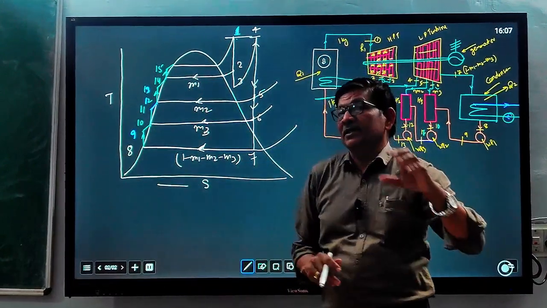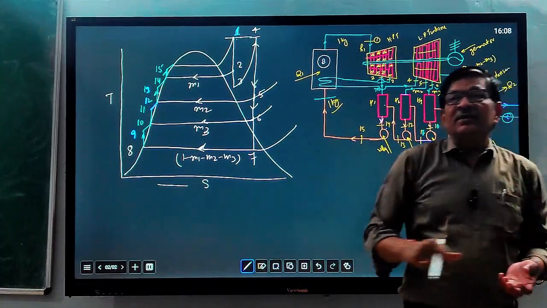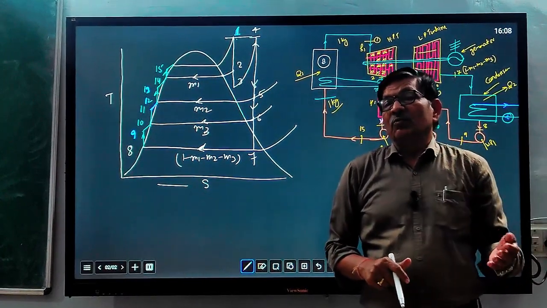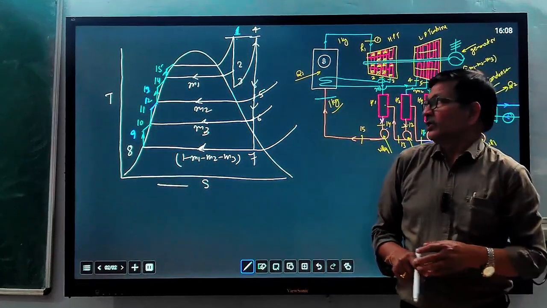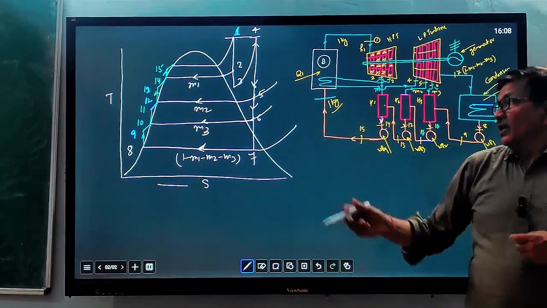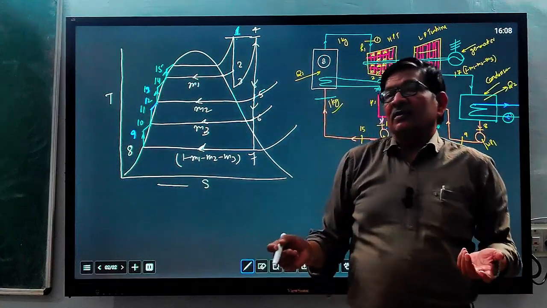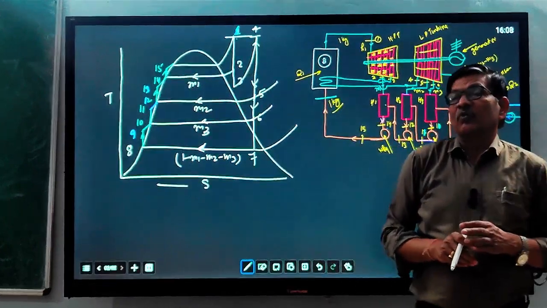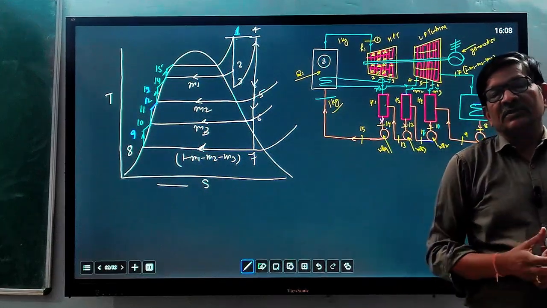Before adding heat in the boiler, we heat the feed water to more than 100 degrees centigrade, because when pressure increases, the boiling point of water also increases. So we can heat water up to 120 to 130 degrees centigrade at saturated liquid state, and then the maximum heat addition in the boiler is utilized for superheating the steam.